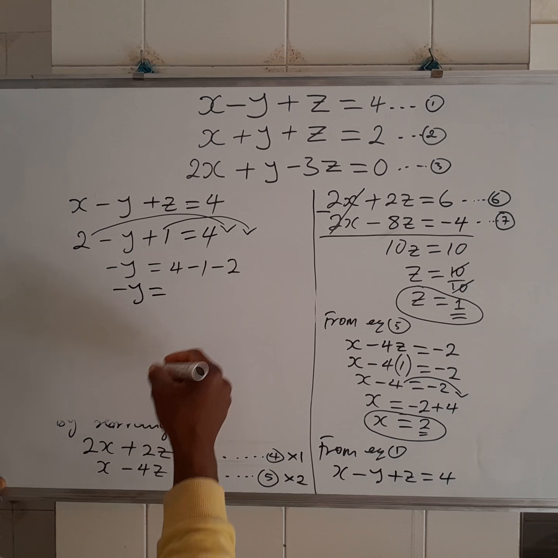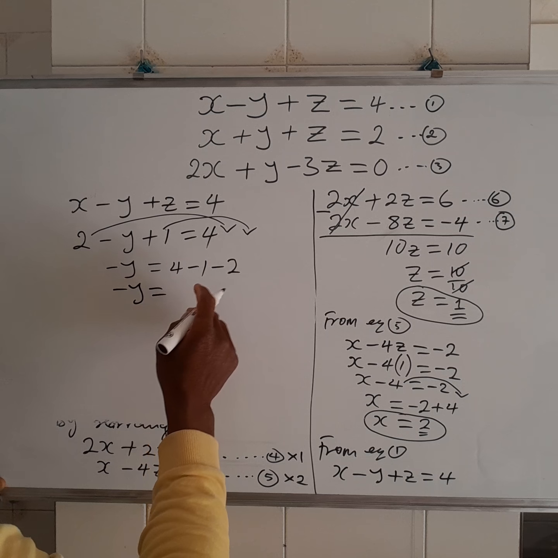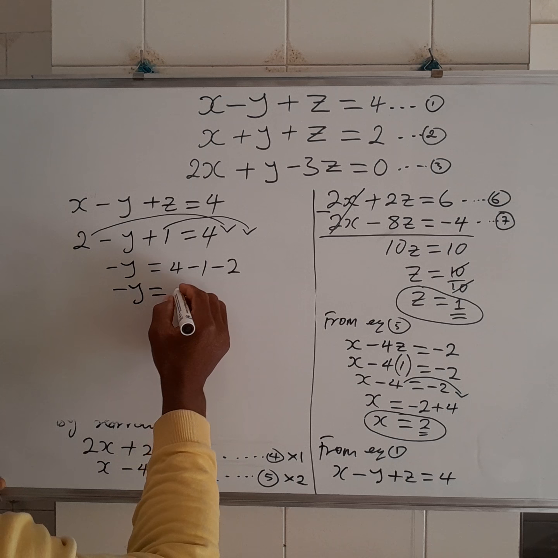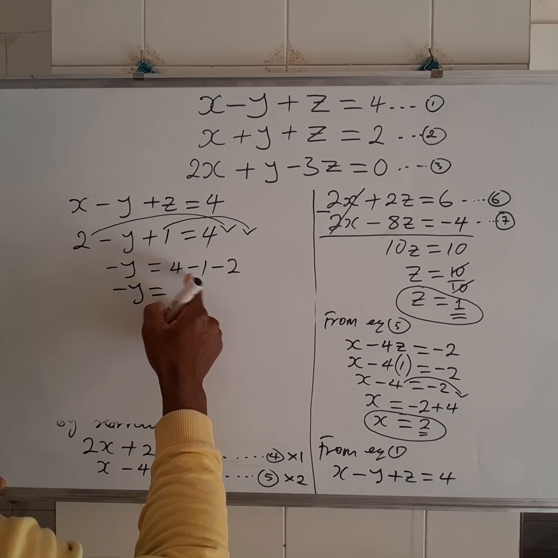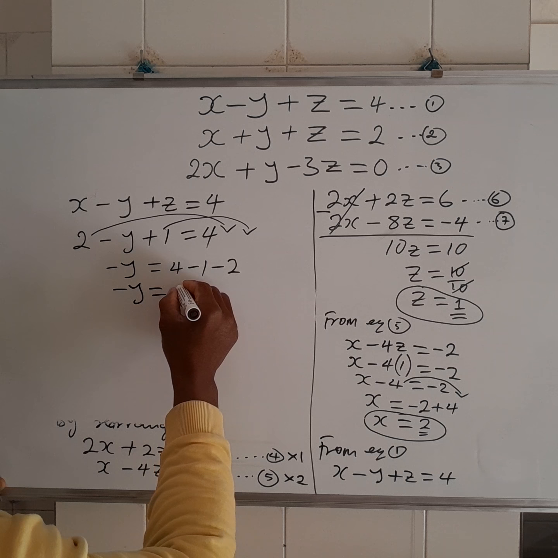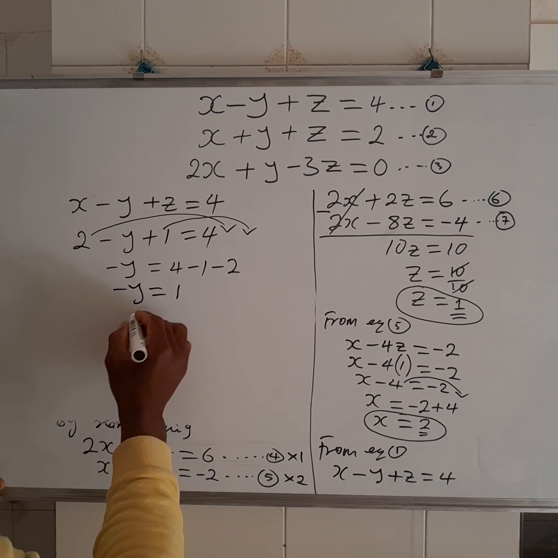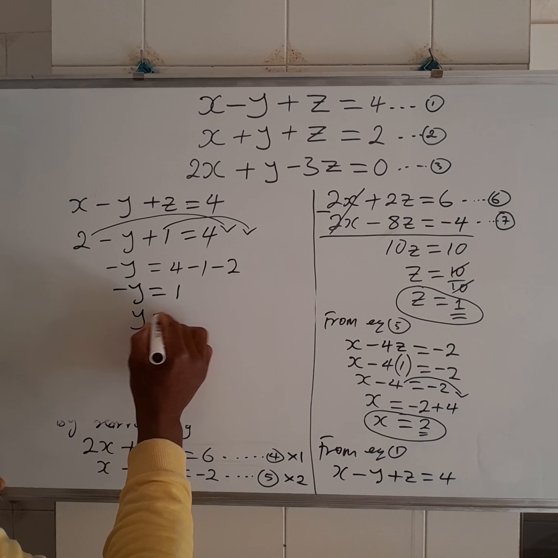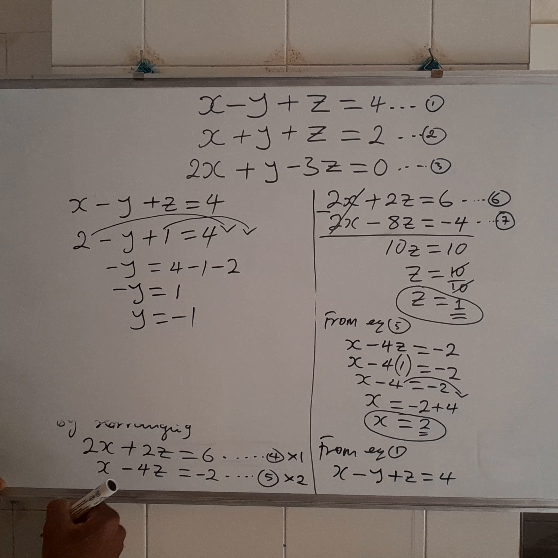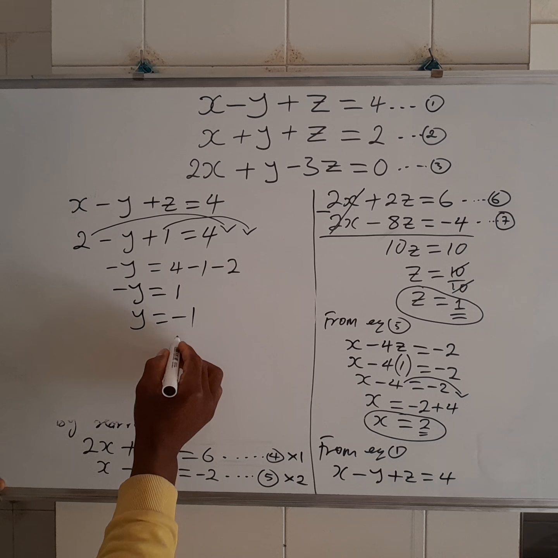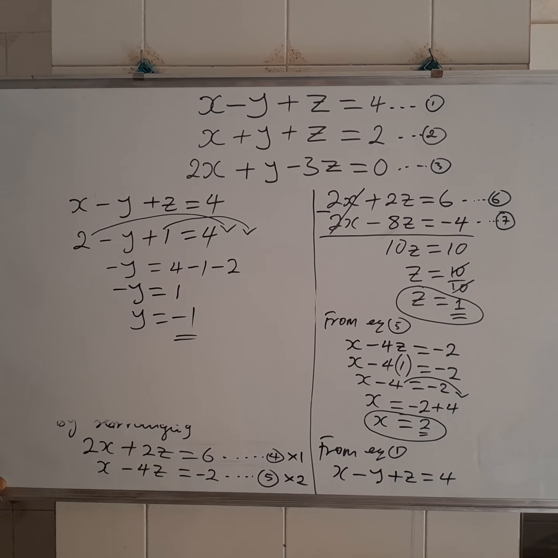This minus this, you have 3, 3 minus 2, you have 1. So from here, the coefficient of y here is 1. So when we divide, we have it that the value of y is minus 1.